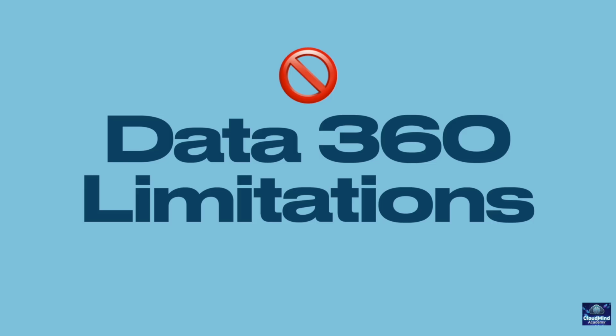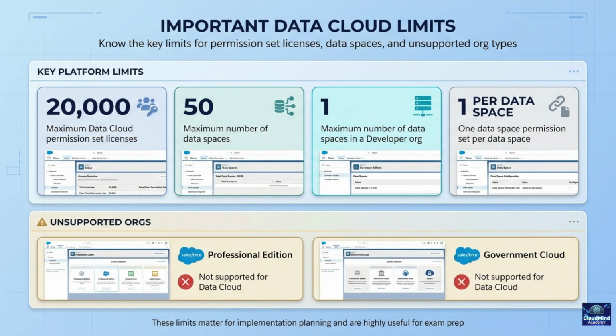A few important limits. Data 360 supports up to 20,000 Data 360 permission set licenses. The number of data spaces is limited to 50. However, in a developer org, that limit is only 1. There is also 1 data space permission set per data space.